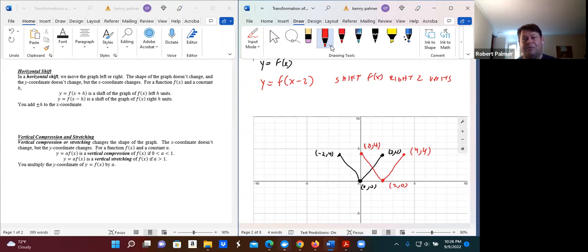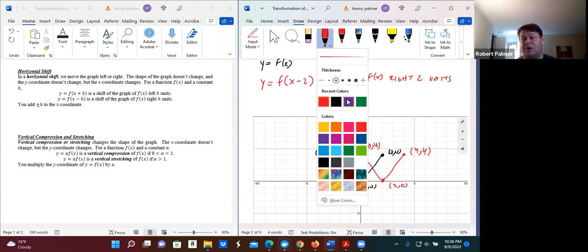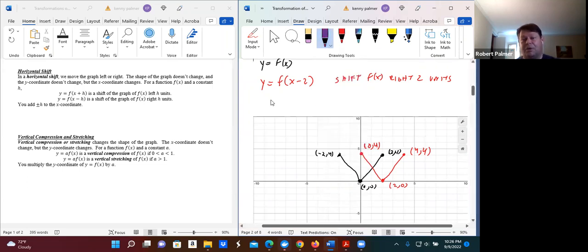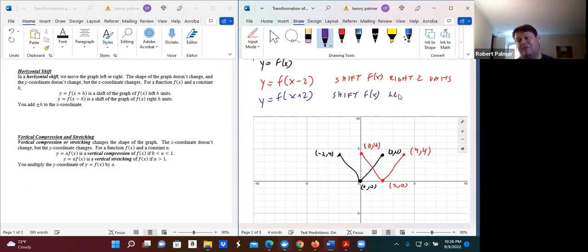Now, like we did before, let's also do another shift in the opposite direction. Let's go back to blue. This time, we'll do y equals f of x plus 2. And that's going to be a shift. We're going to shift f of x left 2 units. Okay, so once again, we're going to subtract 2 from each one of our x coordinates and leave the y coordinates as they are.